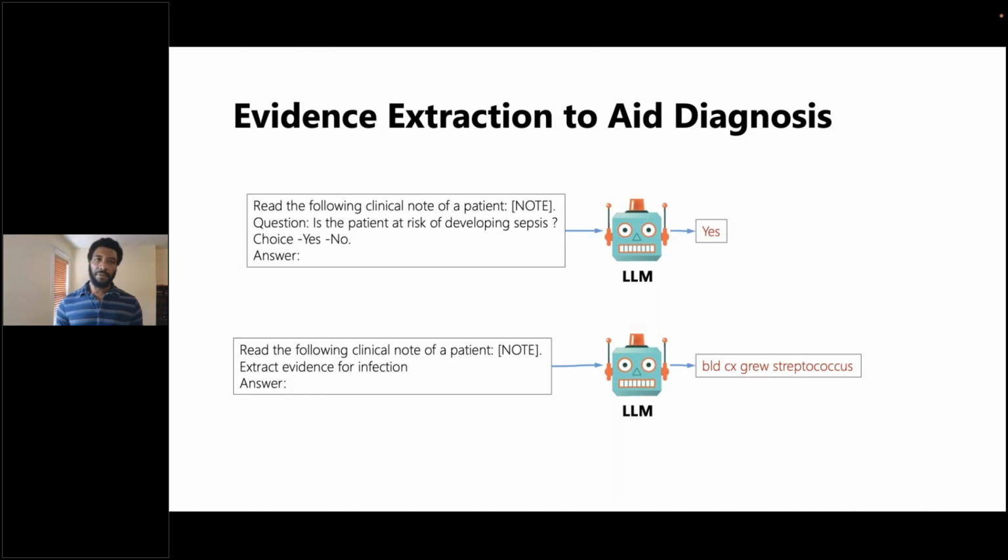A couple of things we tried to improve this was to augment these prompts with known risk factors. But this led to really long prompts, and we found that the model ended up basically repeating a lot of the risk factors.